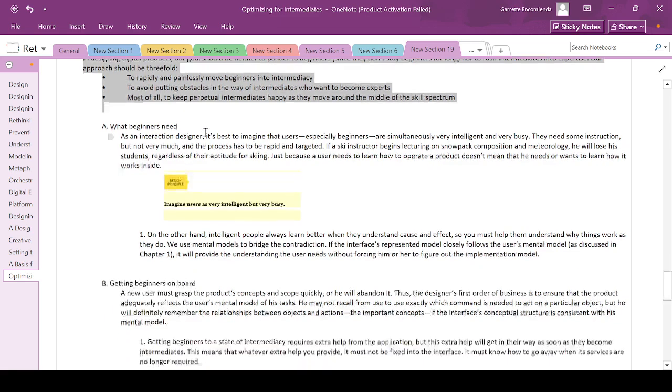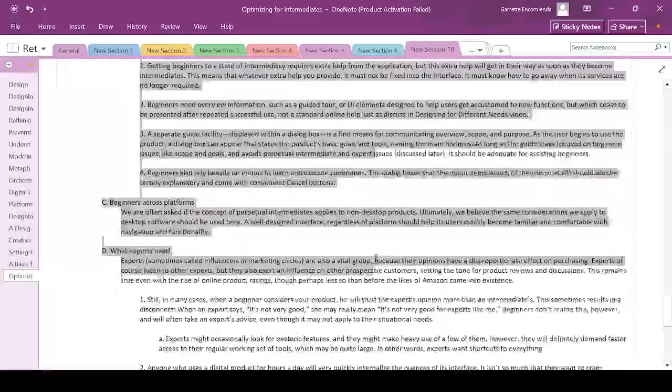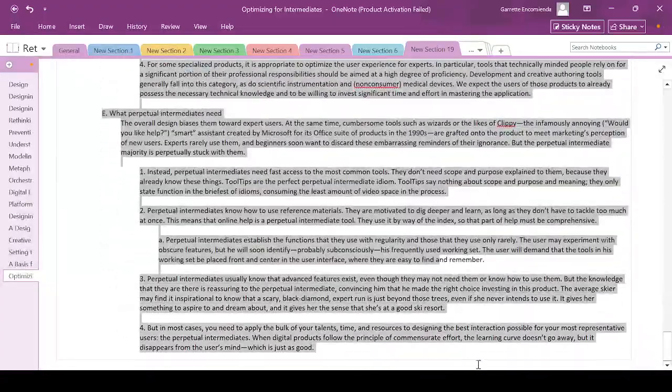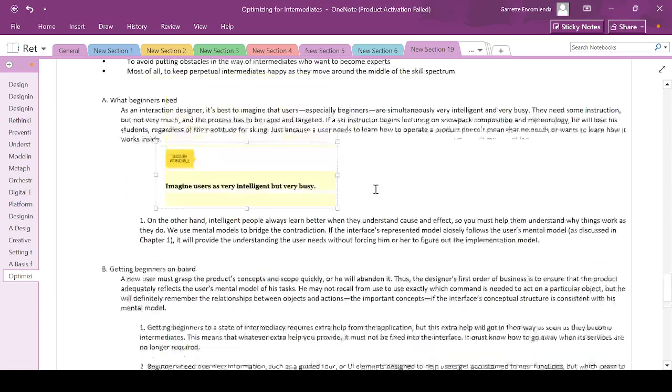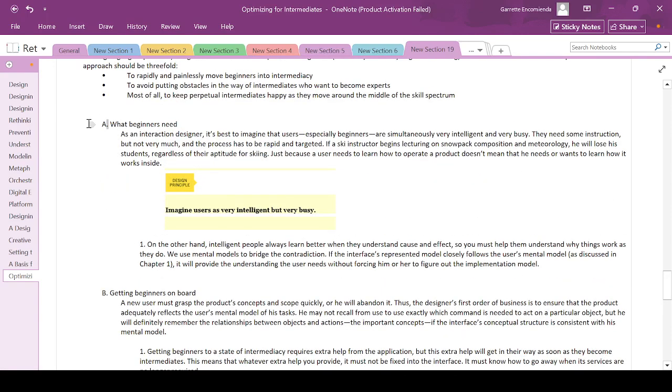So these are the most important. That's why, most of all, you don't want to disrupt the flow in the name of making the beginners rapidly advance. So what do beginners need?